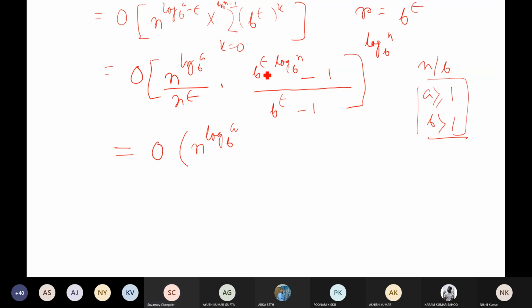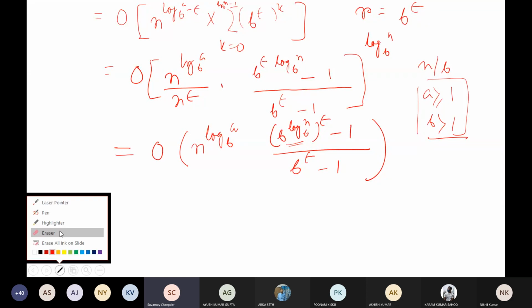Okay. So here you see we can write this term like this: b to the power epsilon to the power, I am writing in another form, b to the power log n base b to the power epsilon minus 1. We can write this by b to the power epsilon minus 1. Okay. So here we can write n to the power log b base b, this term, by the same property of logarithm.